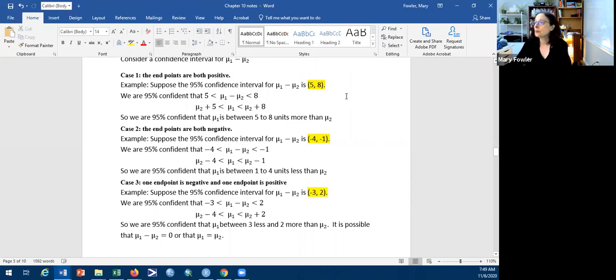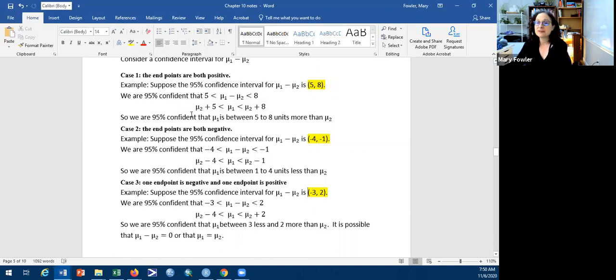If my confidence interval for mu1 minus mu2 has both ends positive, then that's consistent with the statement, we are 95% confident for this example that 5 is less than mu1 minus mu2 is less than 8.